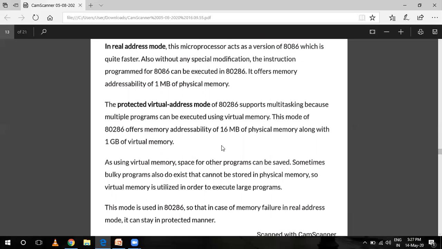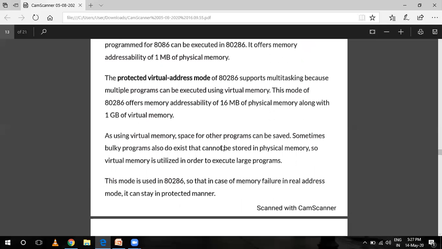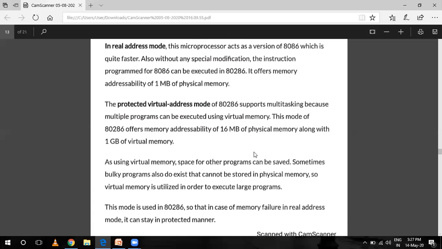As using virtual memory, space for other programs can be saved, and sometimes a bulky program does not fit and cannot be stored in physical memory. So virtual memory is utilized in order to execute large programs. This mode is used in 80286 so that in case of memory failure in real address mode, it can stay in protected mode. Guys, these two modes are important.